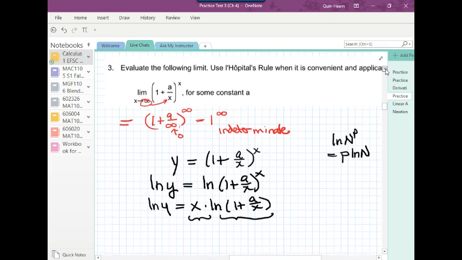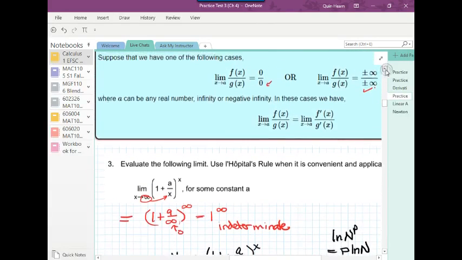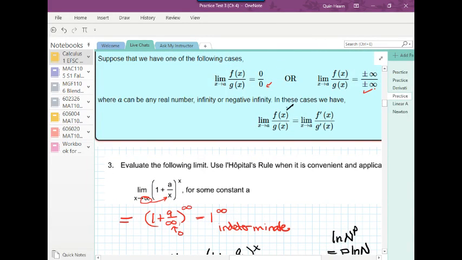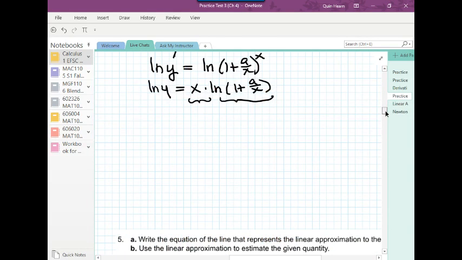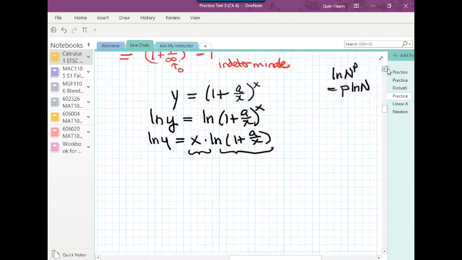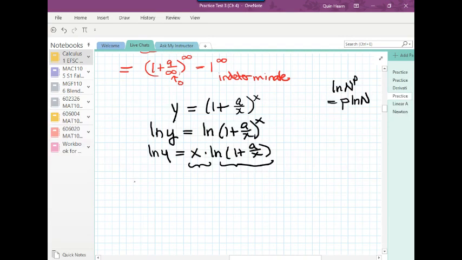before we do, let's go ahead and take the natural log of both sides. And can you think of why I would take the natural log of both sides? Do you remember a rule when you take the natural log of something raised to a power? The power rule of logarithms says that the natural log of, say, n to the p power is the same as p times the natural log of n.